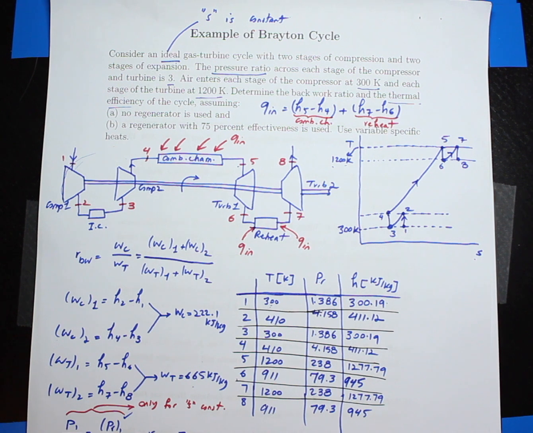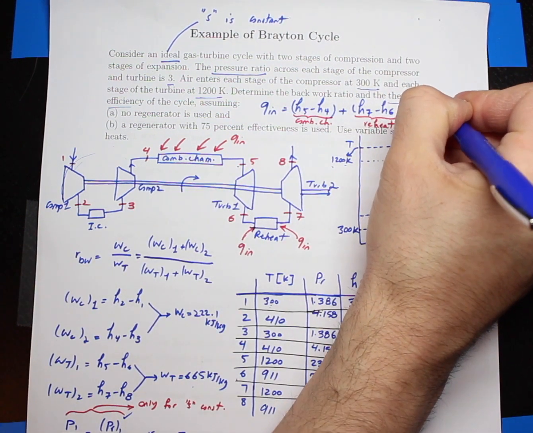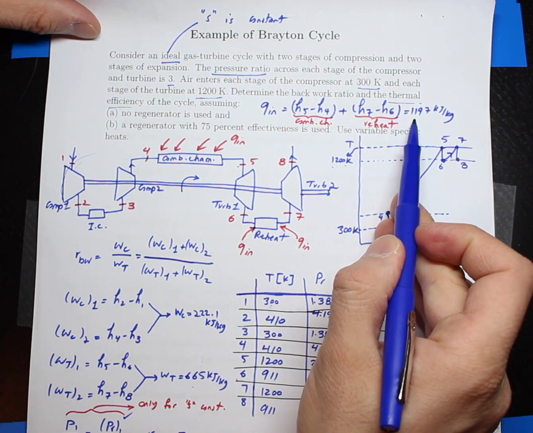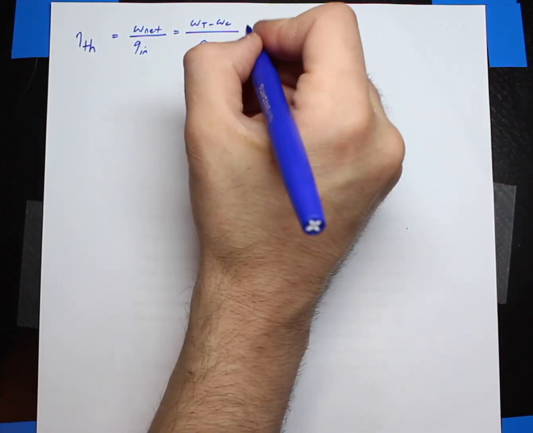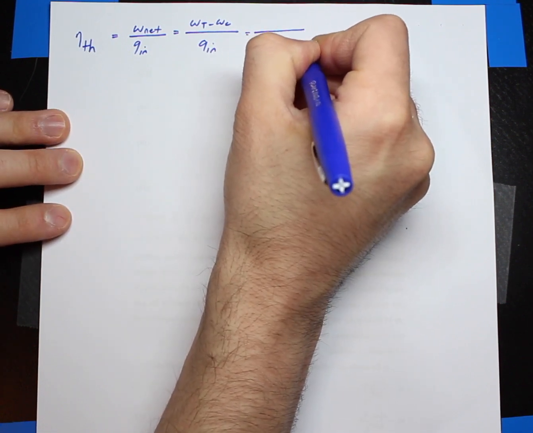If you do the math, you will end up with Q in equal to 1197 kilojoule per kilogram. So this is what I would need to obtain the thermal efficiency.